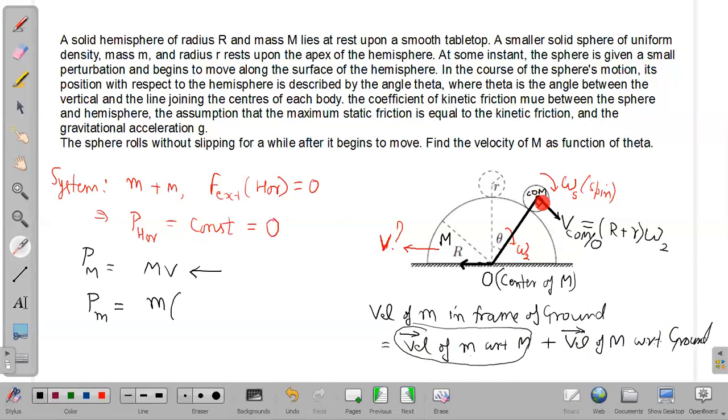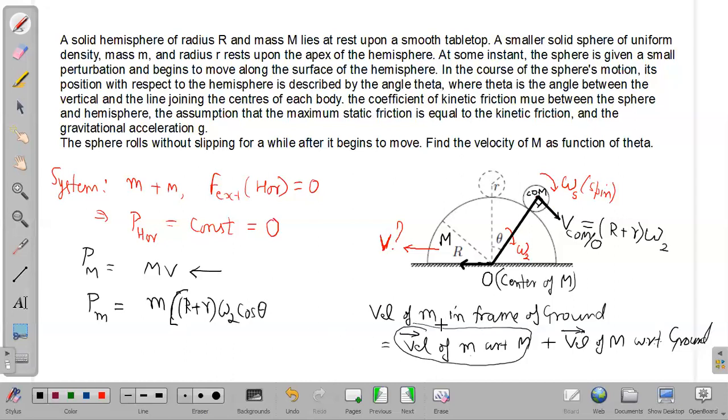If you resolve this velocity of center of mass relative to point O, which is perpendicular to this radius vector, and that radius vector is at theta angle with the vertical, the component in the horizontal direction can be obtained. That component will be capital R plus small r into omega 2 times cos of theta.